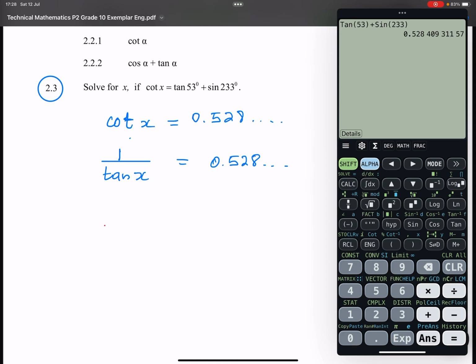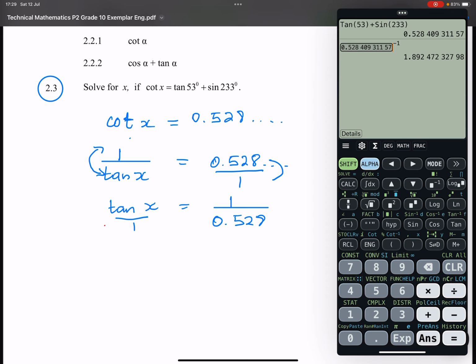Right, so which means if I wanted to get the tan of this, so if I invert 1 over tan theta to become tan theta over 1, then I definitely need to invert that, okay? So this will be 1 over 0.528 blah, blah, blah. Okay, right, so I'm going to take that answer and find the inverse of our answer. That's 1.892.